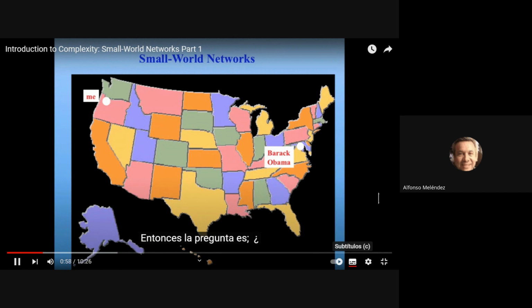So the question is, can I find a path in my social network to Barack Obama, and how long does that path have to be? The question is, how do you start? Who's the first person you go to? Well, I picked my mother, who lives in Los Angeles, because for one thing she's a lawyer, and Barack Obama's a lawyer, so there's a connection. Also, my mother actually is a very sociable person.